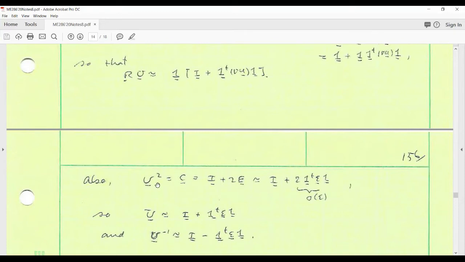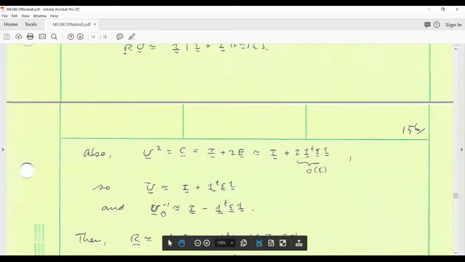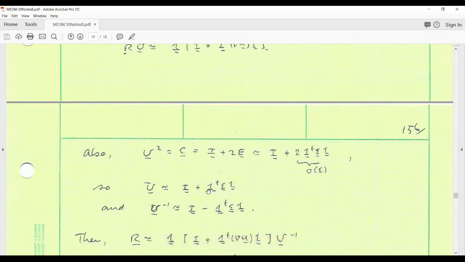So the square root of this equation, that would give you U, the positive definite square root, is just I plus the same thing without the 2. I just put a 1 here. The reason being is that if you square this and neglect terms of order epsilon squared, you'll get exactly this.